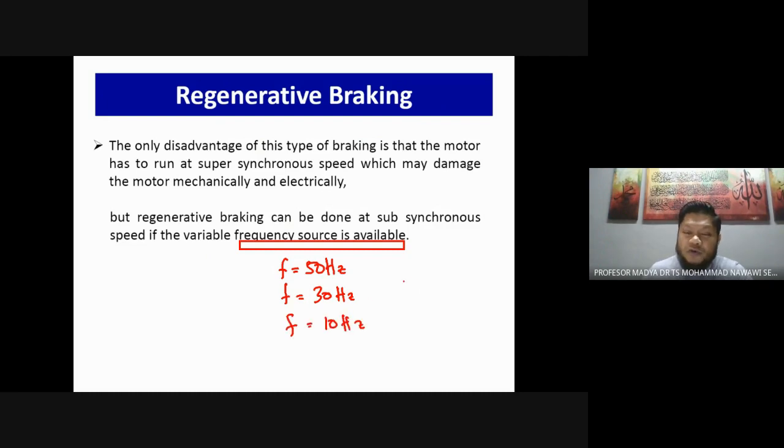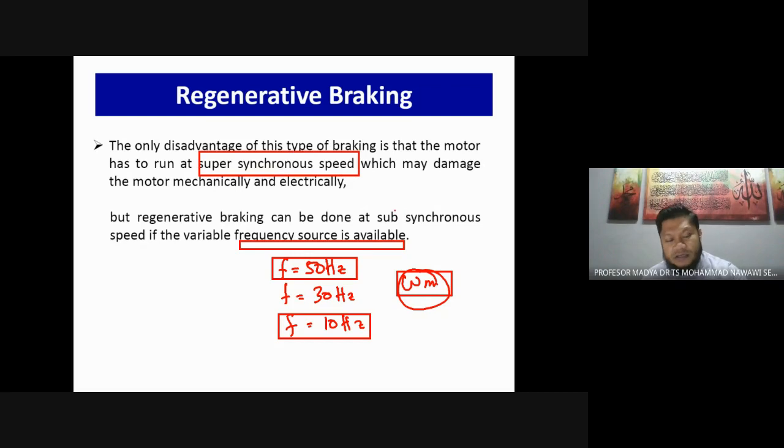Therefore, your motor will not operate at high speed. Because you change your mains frequency to 10 hertz, your omega m will be limited to a certain speed rather than operating at 50 hertz. Otherwise your omega m could operate at super synchronous speed, which means higher than the synchronous speed, and that will damage the motor.